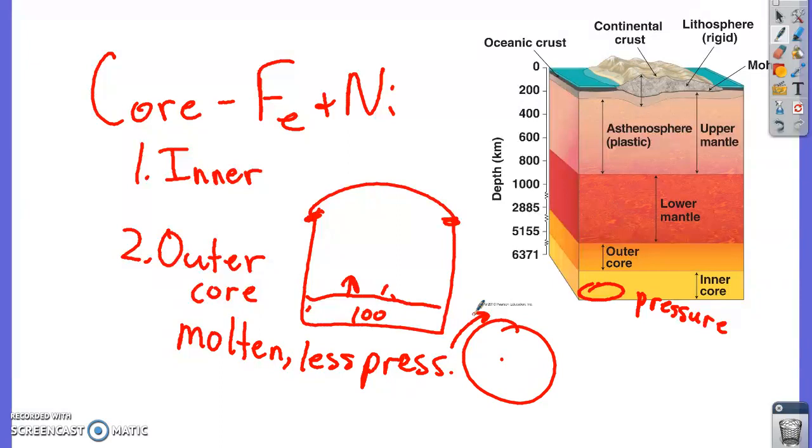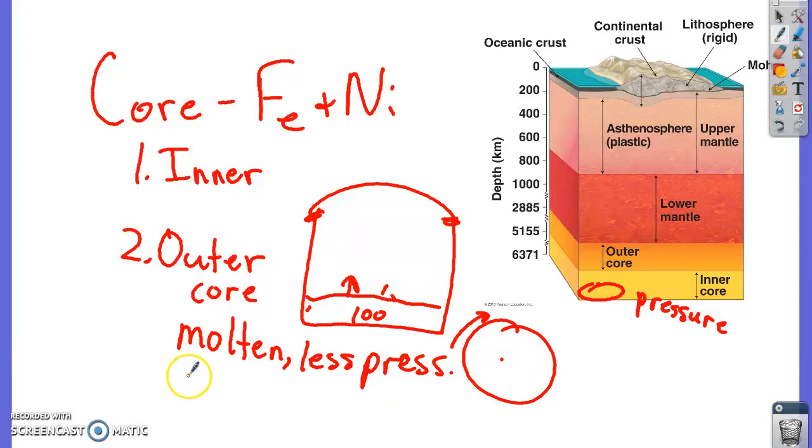Well, first of all, it produces a flowing electric current, and that current produces a magnetic field around the whole Earth. So when we talk about the Earth's magnetic field, the North Pole being magnetic north, or near magnetic north, that's what produces it.